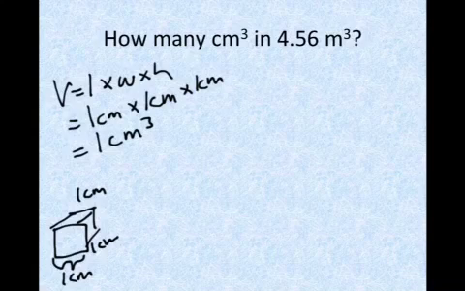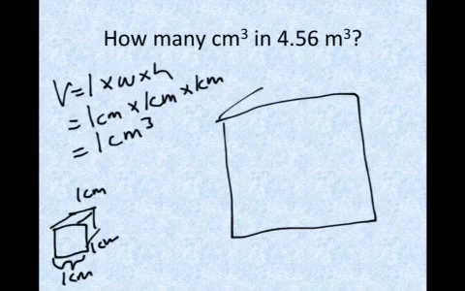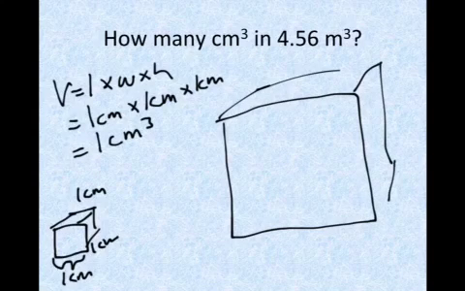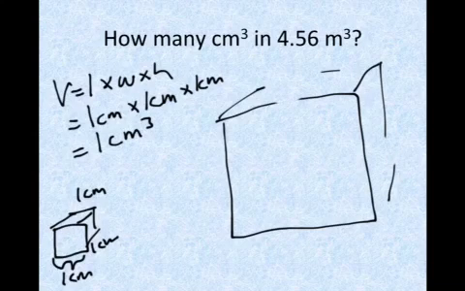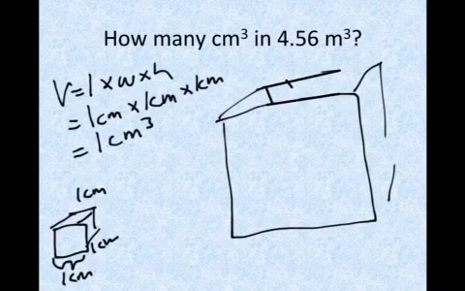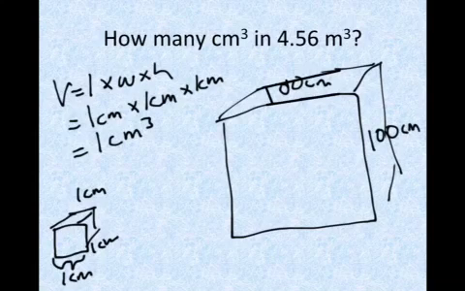And the same thing is true for a very large cube. Let's pretend this is to scale, and this is now a meter across on each side. We have 1 meter here, and 1 meter here, and 1 meter here. Well, remember that also means that this is 100 centimeters, and 100 centimeters, and 100 centimeters. Units matter.